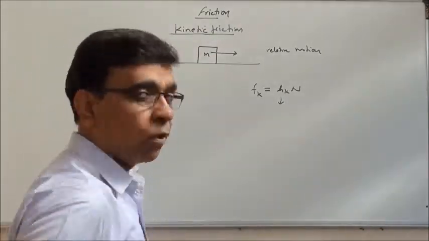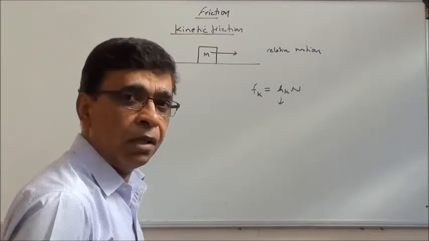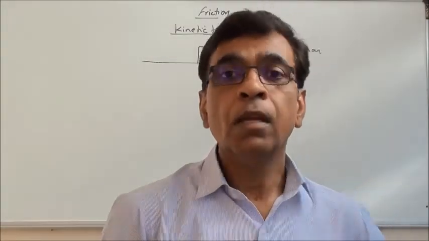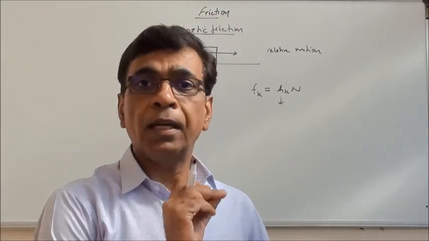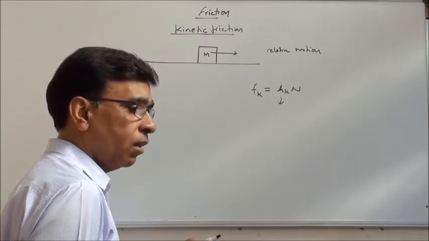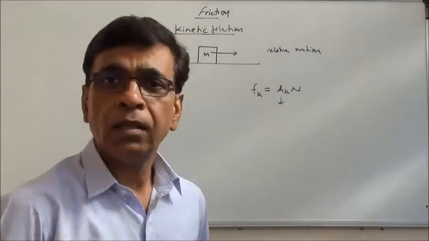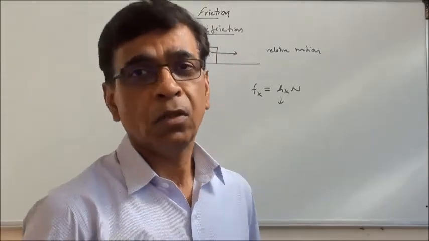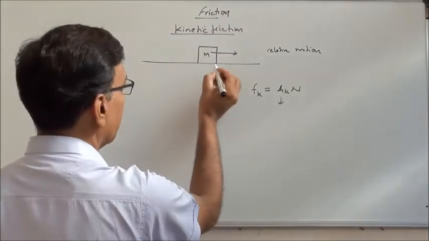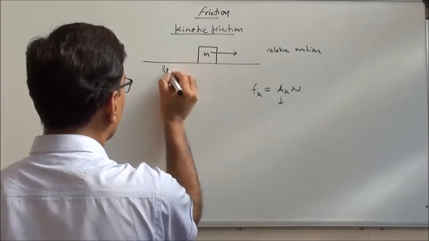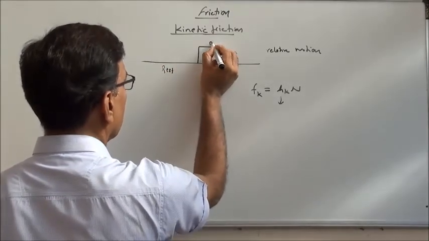Now let us see what the direction of this force is. The direction of static friction is such that the net force on the body is 0. The direction of kinetic frictional force is always such that it opposes the relative motion between the two objects. So what does it mean? This is at rest and this one is in motion.